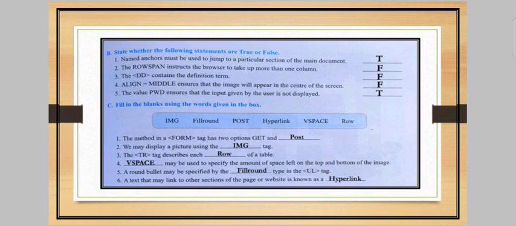Next is true false. The first is name anchors must be used to jump to a particular section of the main document. This statement is true. The row span instructs the browser to take up more than one column. This statement is false. The dd contains the definition term. This statement is also false.